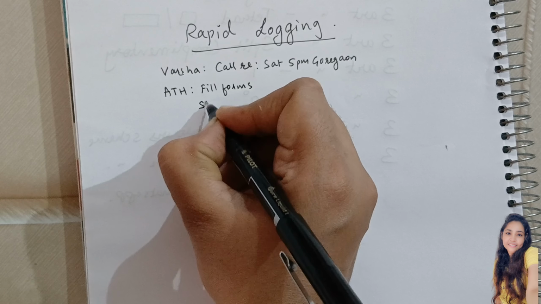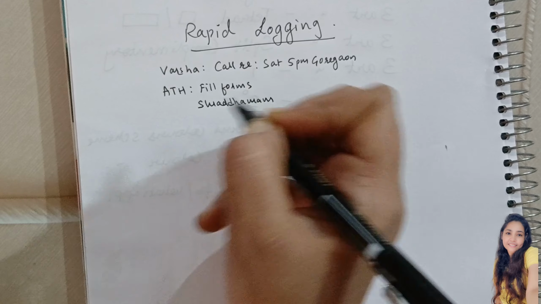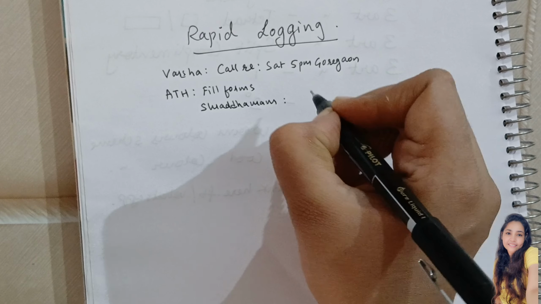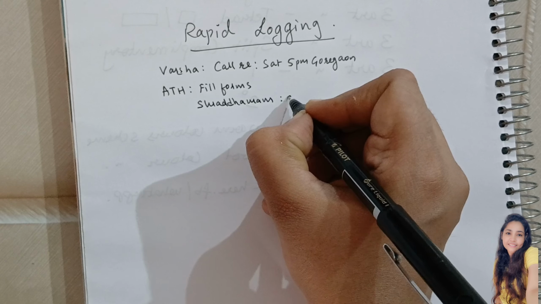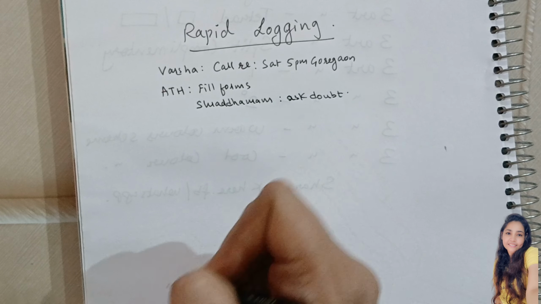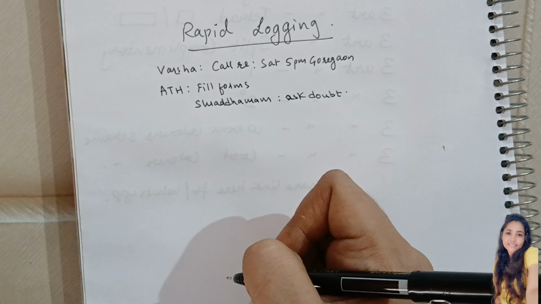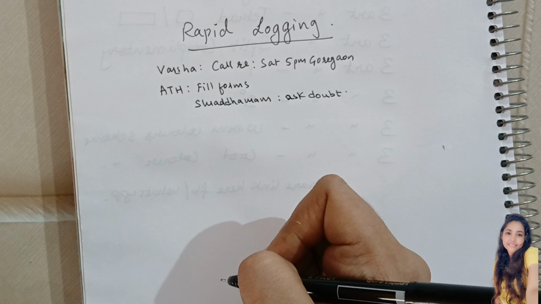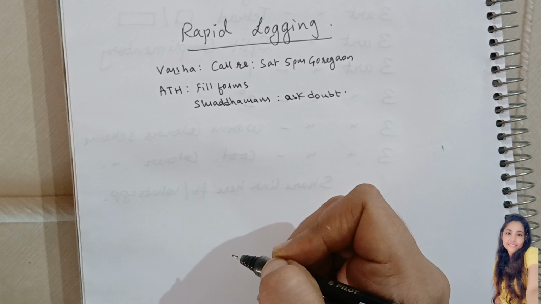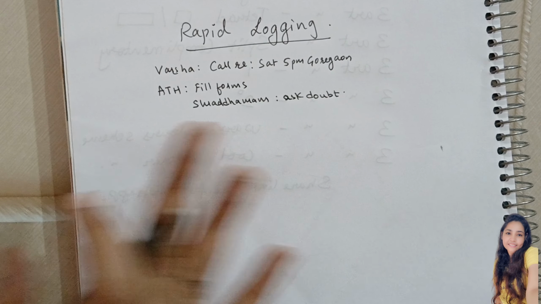So what will I say? Shraddha ma'am, asked out. Okay, then once I clear my doubt, I will fill in the forms. Okay, I will sign and I will dispatch it. All right, so this much is enough to understand what I have to do.